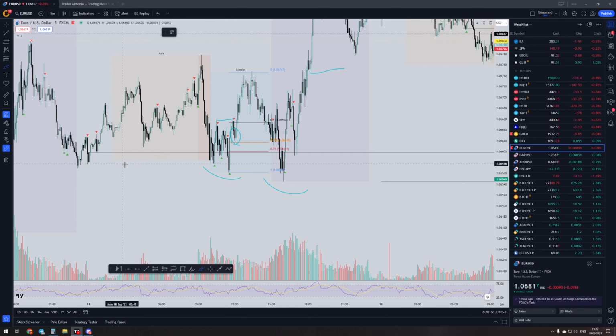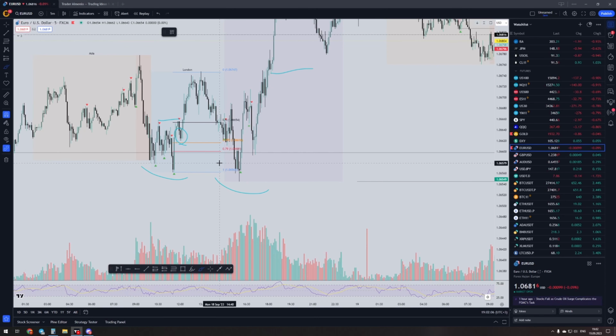We took liquidity from the previous session, and then we took liquidity from the London session. And as you can see, we had a break of market structure, but without imbalance. We had a little imbalance here, but it wasn't a break of market structure with the imbalance, which happened right here.